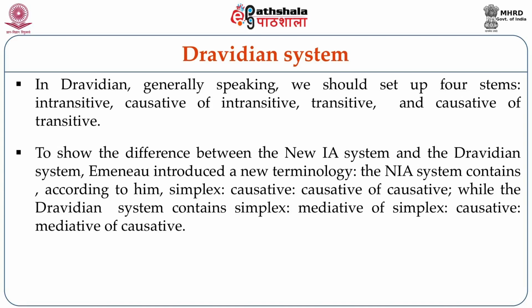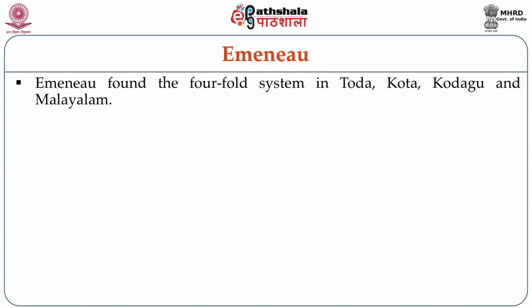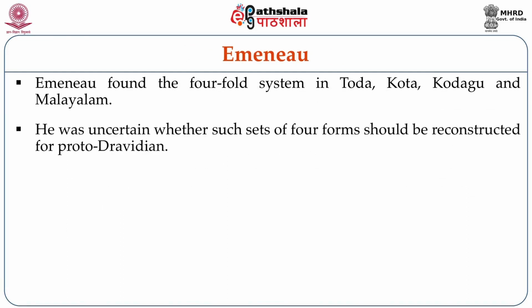The new IA system contains, according to him, simplex, causative, causative of causative, while the Dravidian system contains simplex, mediative of simplex, causative, mediative of causative. MNO found the fourfold system in Toda, Kota, Kodagu and Malayalam. He was uncertain whether such sets of four forms should be reconstructed for Proto-Dravidian.